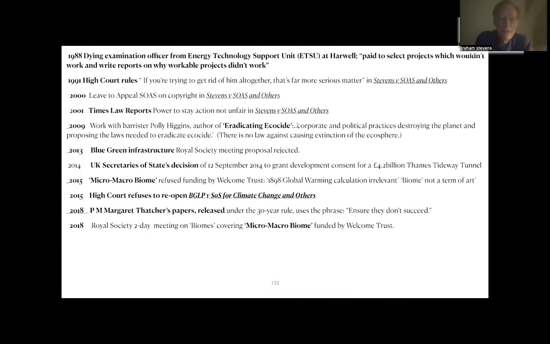And in the meantime, the microbiome had been refused funding by the Wellcome Trust, with the assessment by the judges of the application that the 1898 global warming calculation was irrelevant. This is Arrhenius's calculation: if you double the carbon dioxide in the atmosphere, you would get a 4 degrees centigrade rise in temperature.